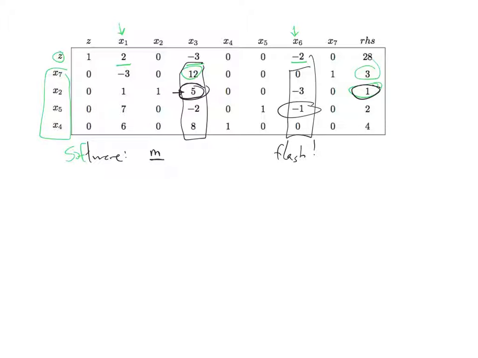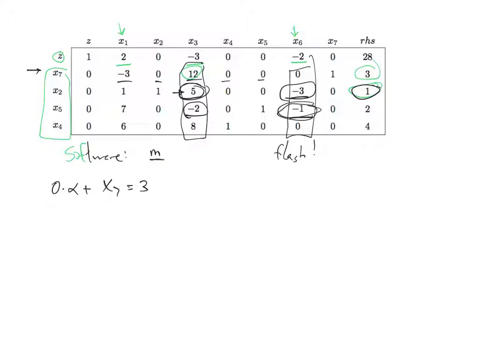And that flash is saying no. There is no minimum ratio. Why? Because we saw in detail on the last example with the -2 here that that does not get in the way. So none of these negative ones restrict increasing x6. In fact, nothing decreases. Let's verify that clearly. That row says non-basic, 0, non-basic. So notice we're not letting x3 go up anymore. It actually says 0 times alpha plus x7 equals 3.